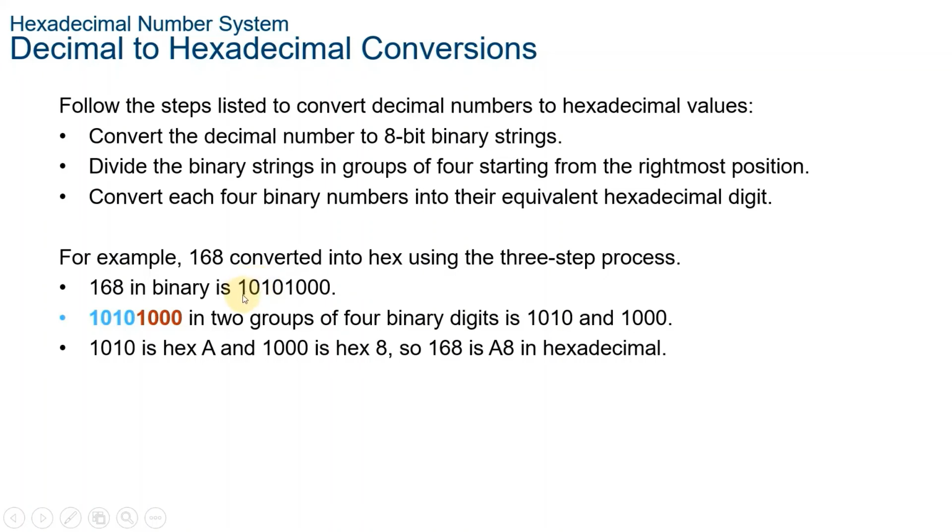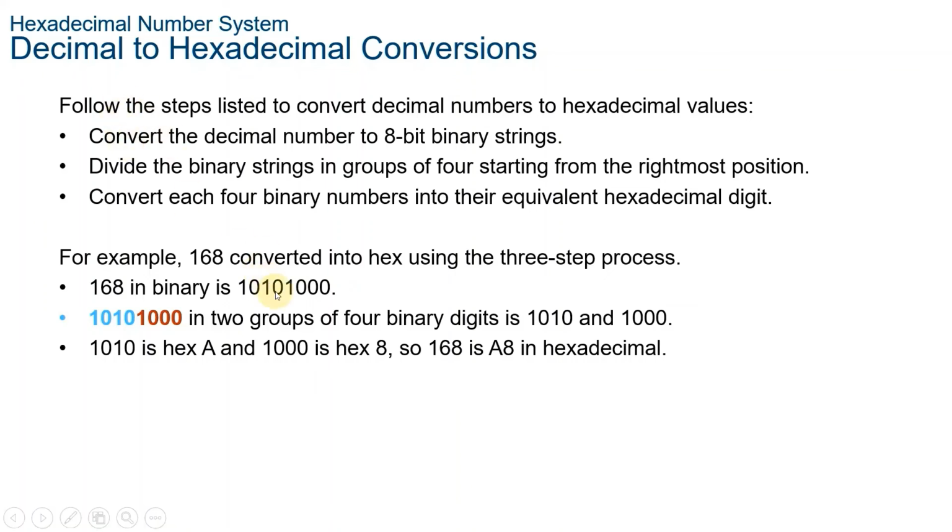Adding 128 plus 32 plus 8 would give you 168. So 128 plus 32 is 160, plus 8 is 168. That is the first step.